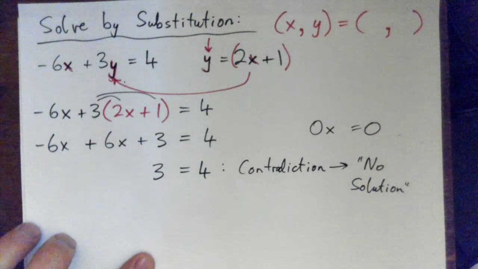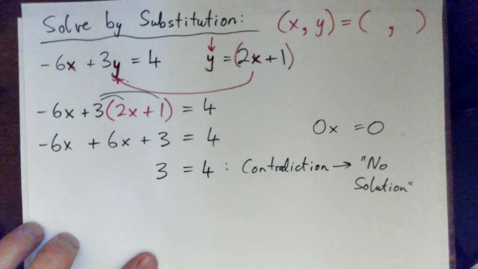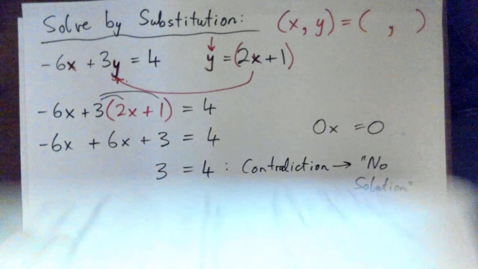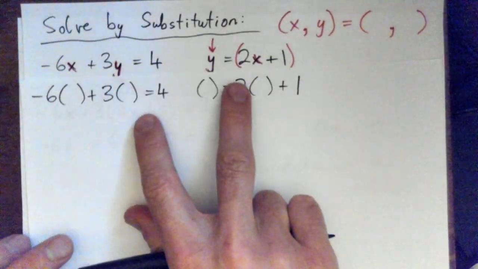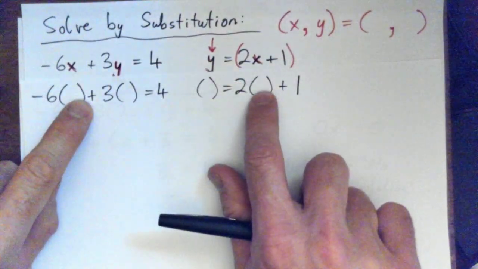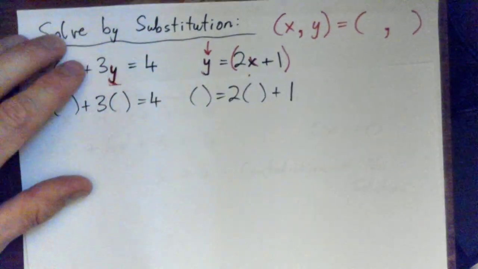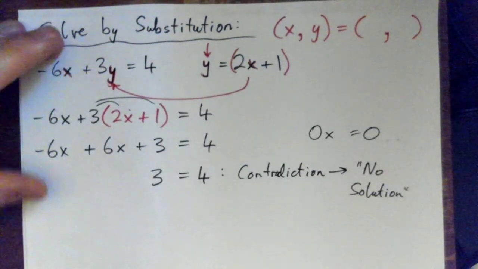Remember at the beginning we said, what two numbers can we plug in where the equations will be solved? What can I plug in for x here and here and y here and here to make both equations work, right? The answer is you're going to find there are no numbers that will work.